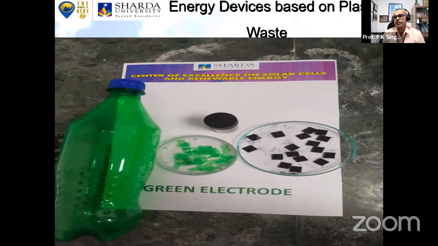In this project, we have synthesized carbon-based material from thrown-away bottles, which are single-use plastic. Prime Minister Modi already told the nation that we are going to ban single-use plastic. That idea came to us during the COVID pandemic situation.